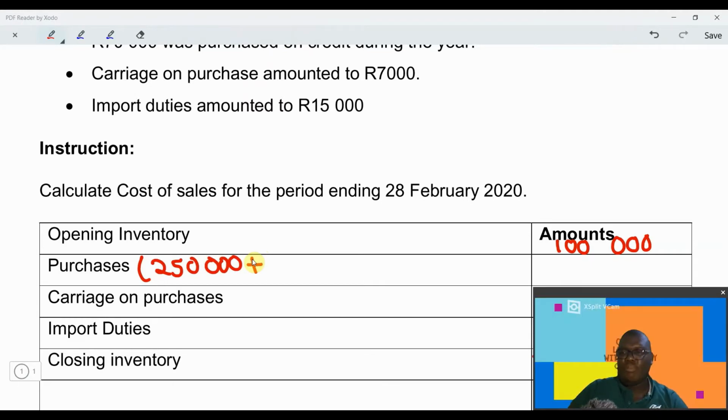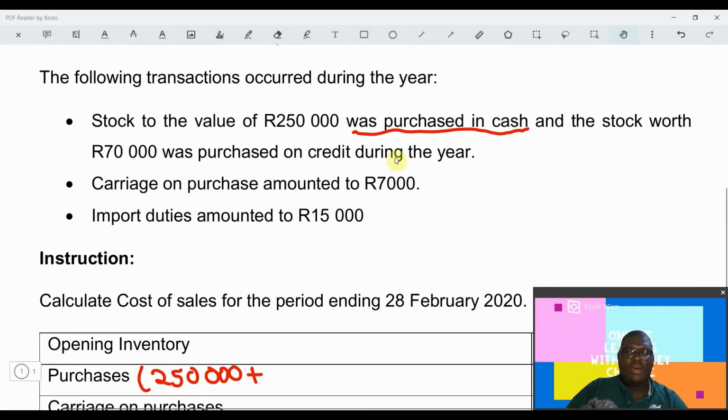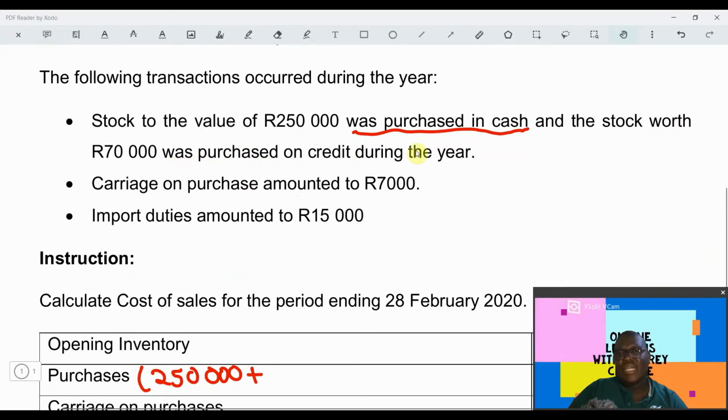Remember, whether you bought something on credit or you bought it cash, at the end of the day, what matters is you bought those items. So in the information, we are told that stock worth 70,000 was purchased on credit during the year.